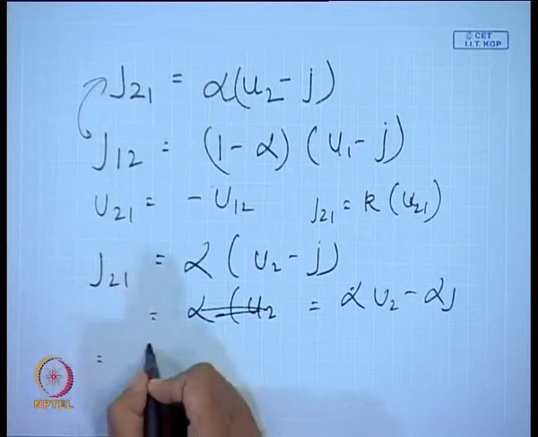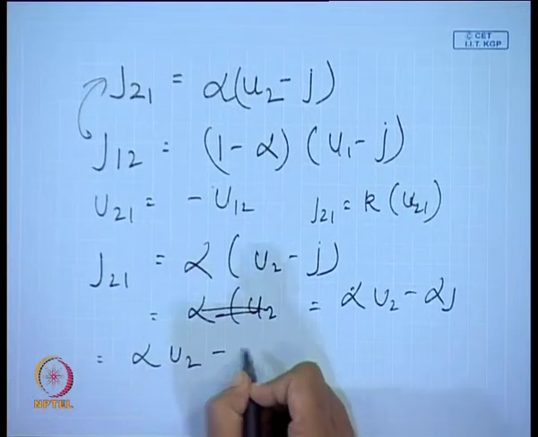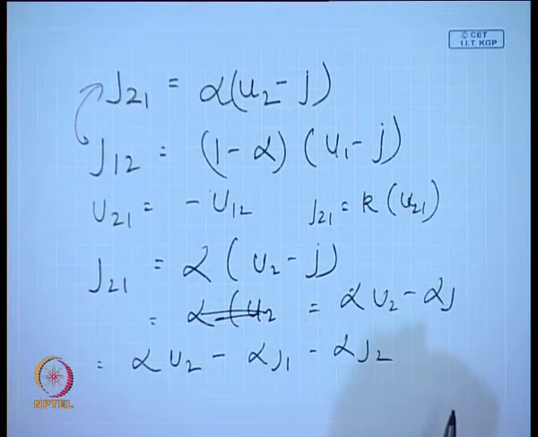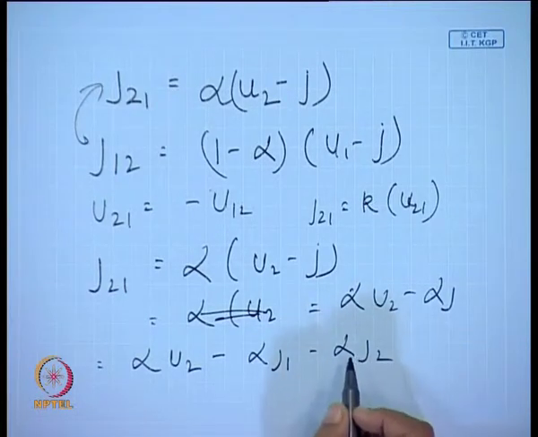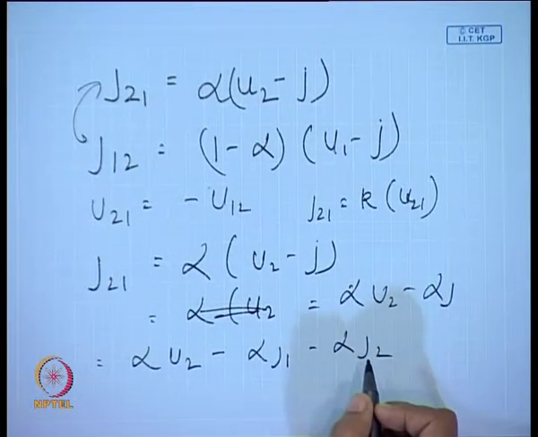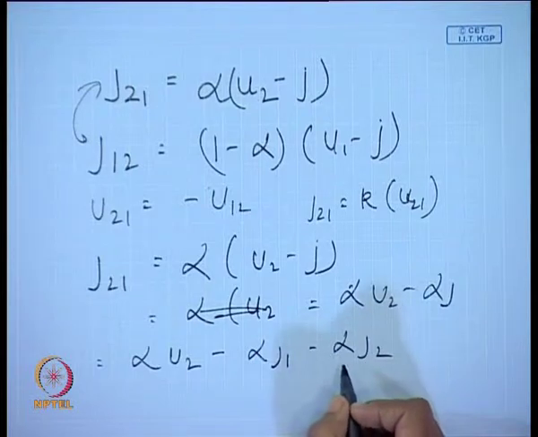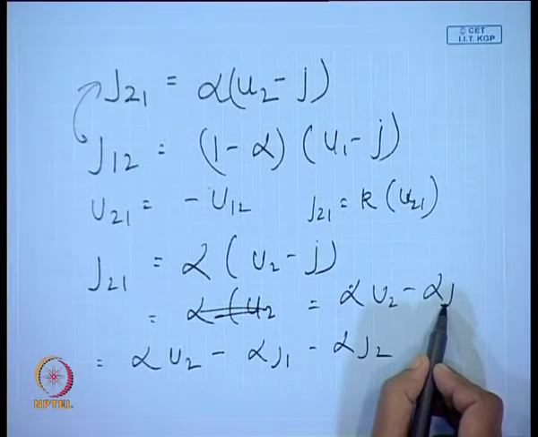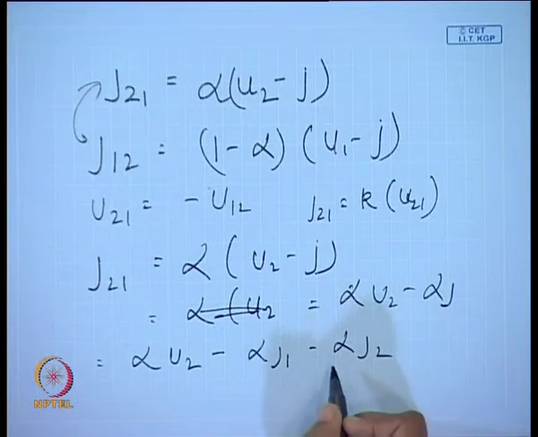So, therefore, this can be written down as alpha u2 minus alpha j1 minus alpha j2. Okay. So, j is j1 plus j2, accordingly I have written it down in this particular fashion.